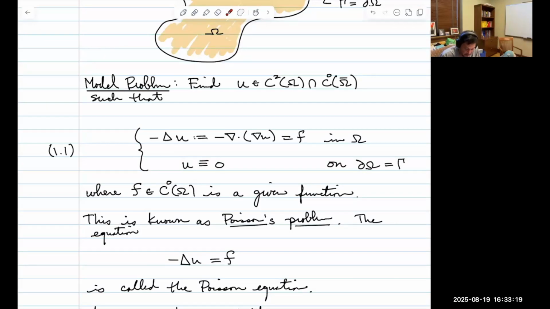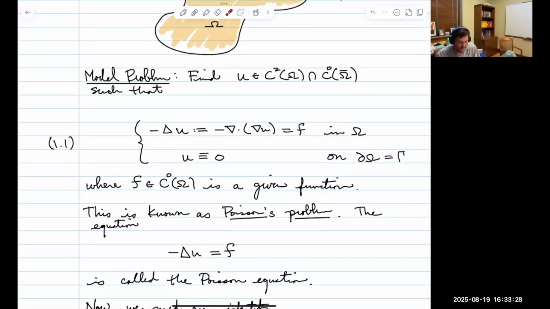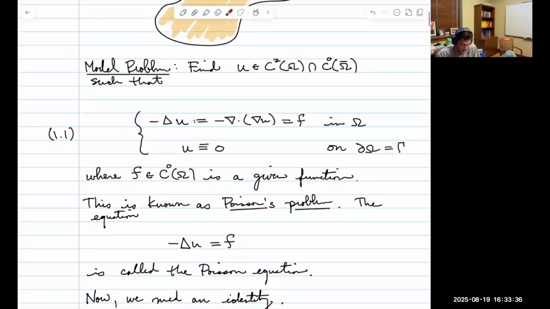I need the C0 because I need this to have point values on the boundary. That's the most convenient way I know to do that. So this allows me to make sense of that part, and this, of course, is to make sense of this equation pointwise.